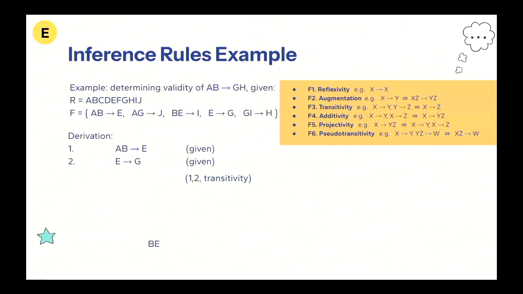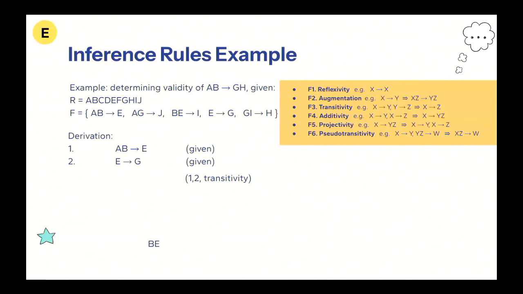So let's derive some rules here. Assume we have a relation called R, which has 10 attributes from A to J, and we have some existing functional dependencies here.